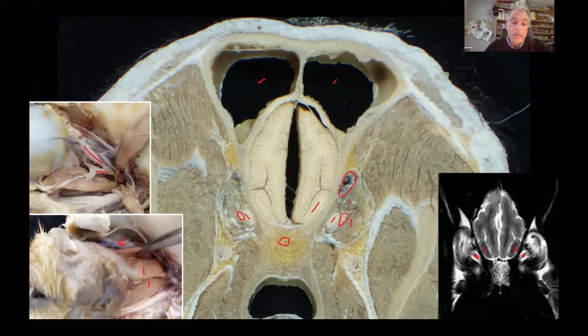And at mid distance between the optic canal and the caudal pole of the eye, we found this. This is the ciliary ganglion, okay?